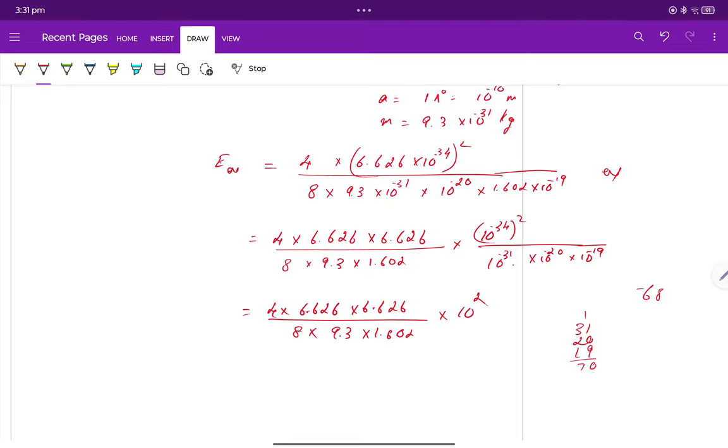So 6.6 into 6.6, we will try a simple method. 6.6 into 6.6, you can take it as 66 into 66, which comes around 43.56.